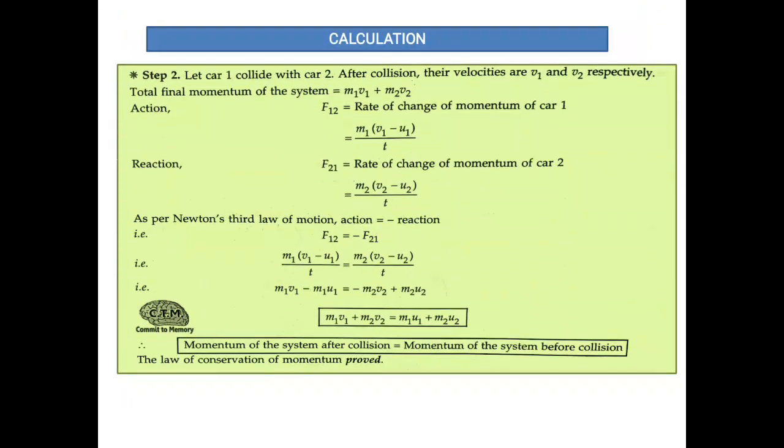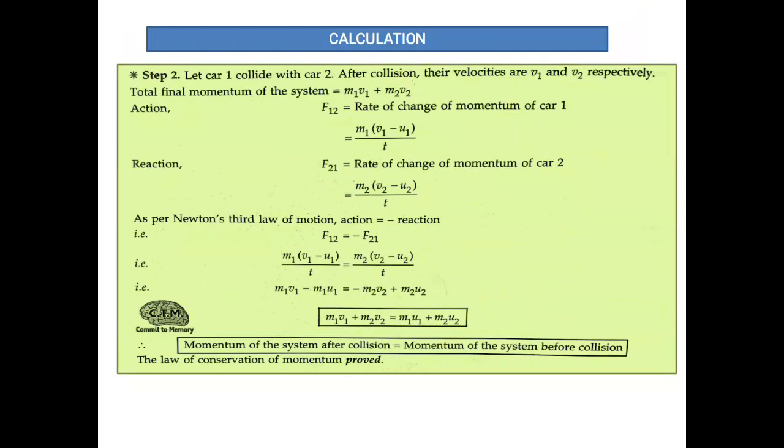Now in step 2, let car 1 collide with car 2. After collision their velocities are v1 and v2 respectively. So the total final momentum of the system becomes m1v1 plus m2v2. The action force F12 equals the rate of change of momentum of car 1, which can be written as m1(v1 minus u1)/t, and the reaction force F21 equals the rate of change of momentum of car 2, which is m2(v2 minus u2)/t.